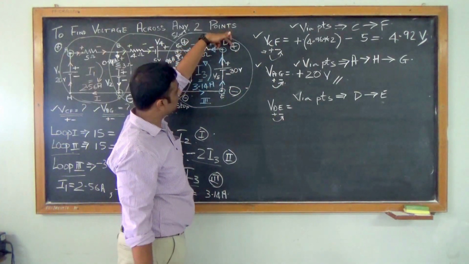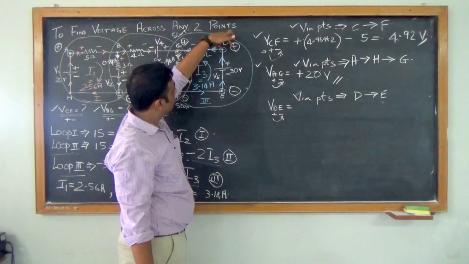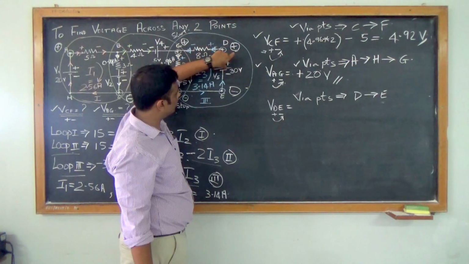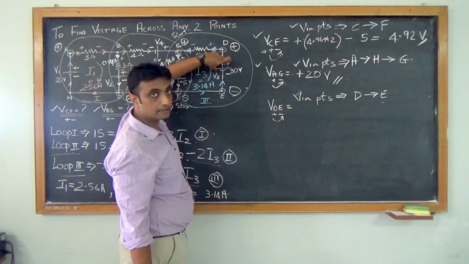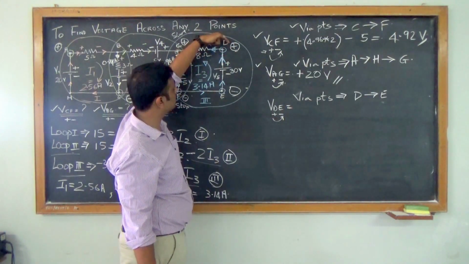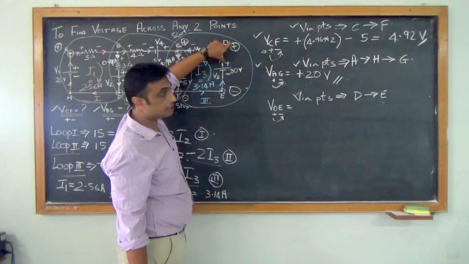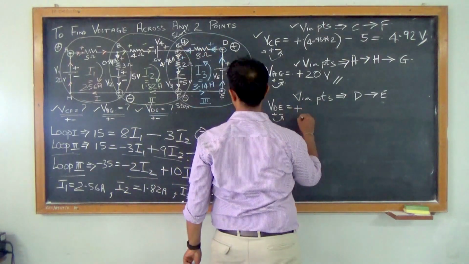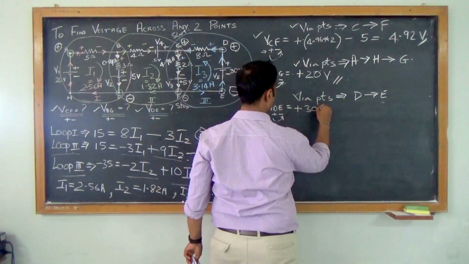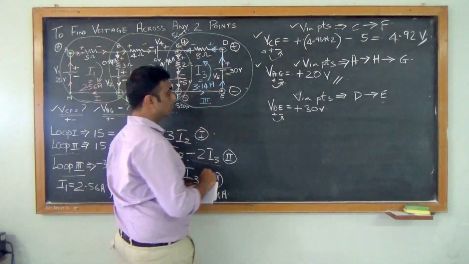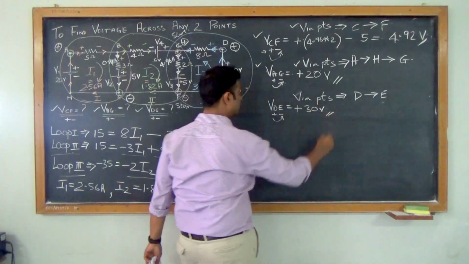So if I'm considering my first terminal, I'm moving from D to E. The first terminal it touches is the 30 volts voltage supply, that is V5. The first terminal is a positive. Again, multiply both the terminals, the first with the first. So positive into positive, positive. So plus 30 volts. Any other resistor or voltage source? No. So VDE is equal to 30 volts.